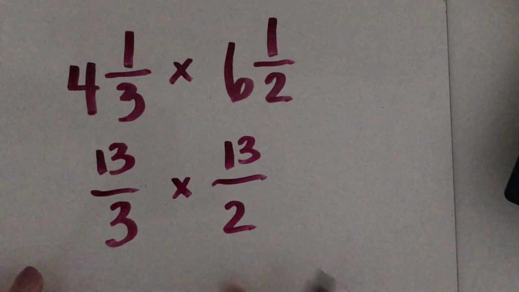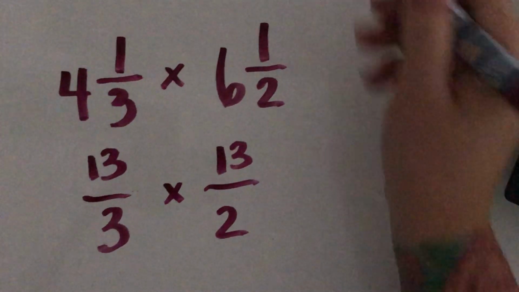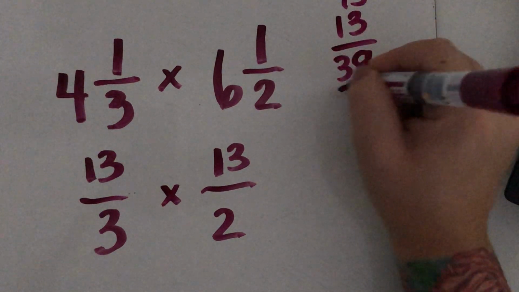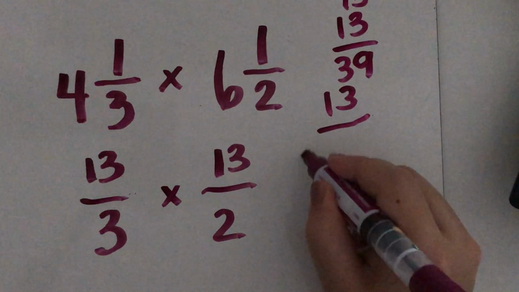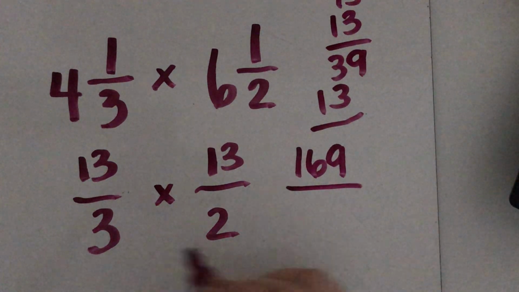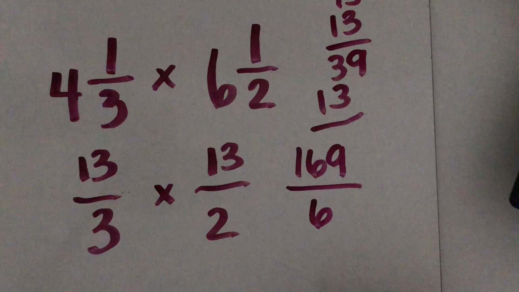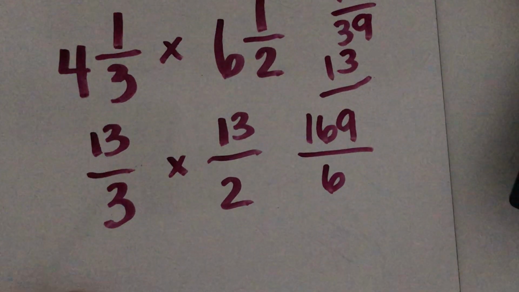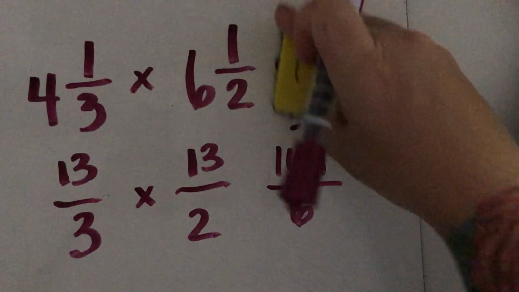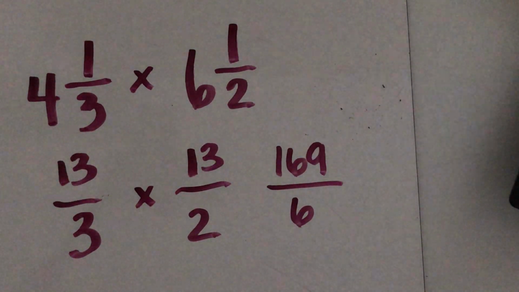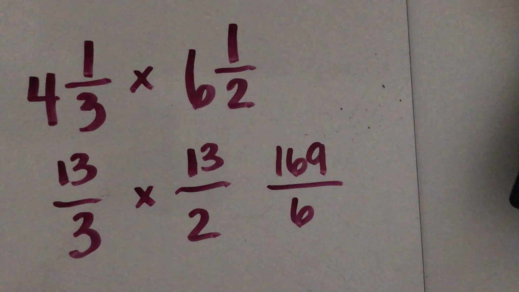All right, so I'm going to do 13 times 13, which, let me do that off to the side. That gives me 169. And 3 times 2 gives me the 6. Now I'm going to do 169 divided by 6 to see how many times I can actually get that in there. So I'm going to do that off to the side on my handy dandy calculator.